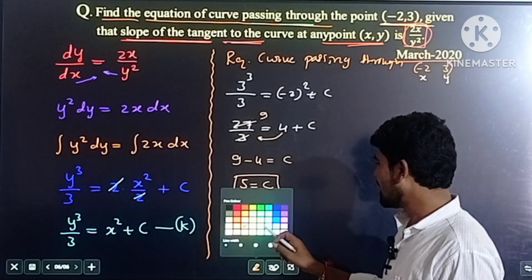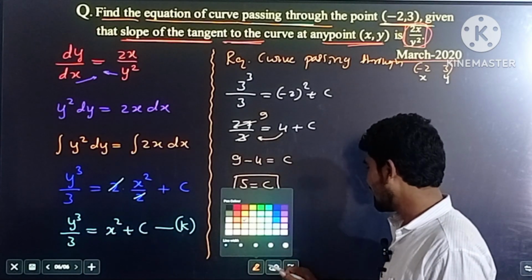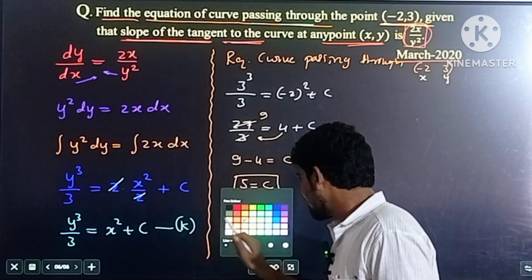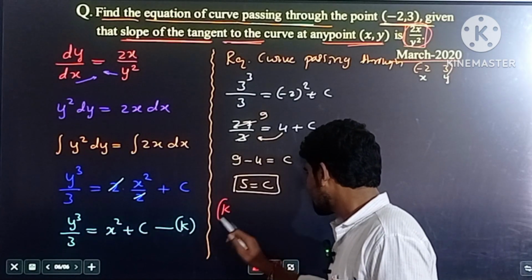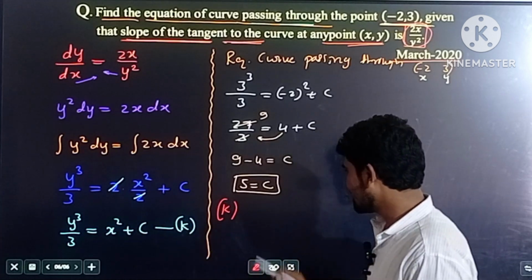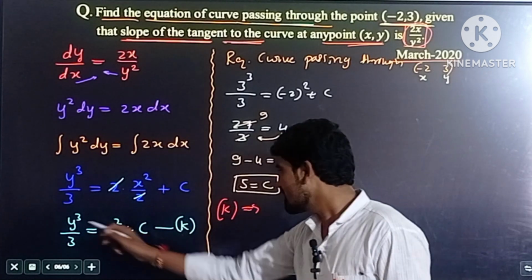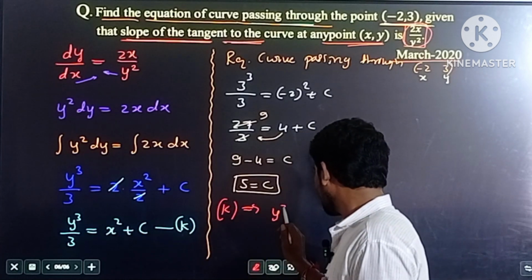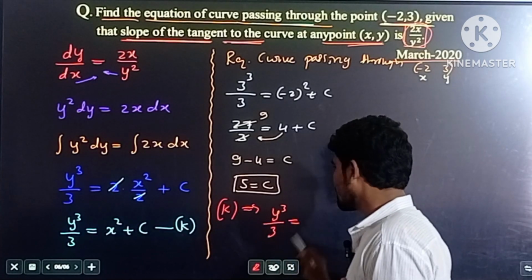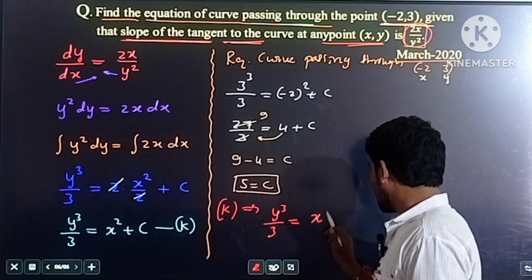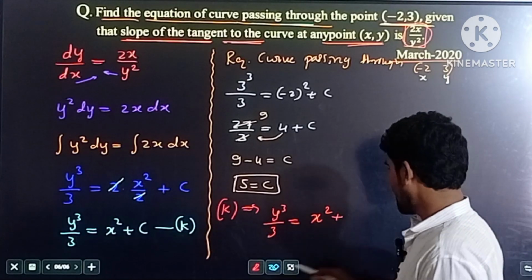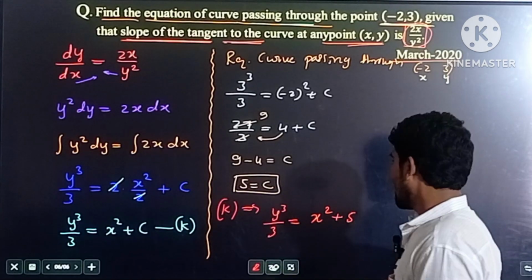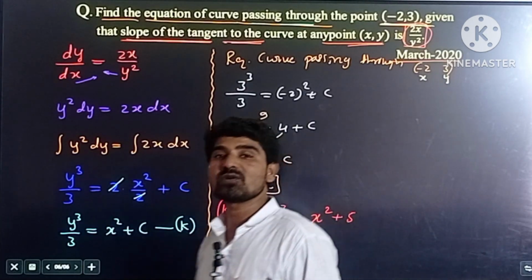Now substitute this value of c in equation k. What is the next thing? Equation k implies y cube divided by 3 is equal to x square plus value of c is 5, and this is a required particular solution.